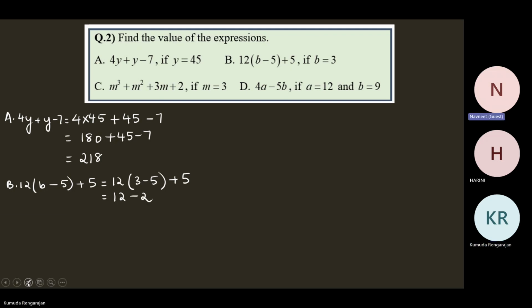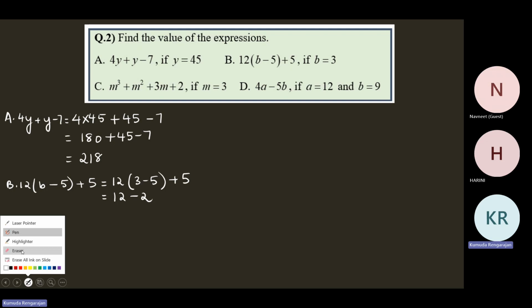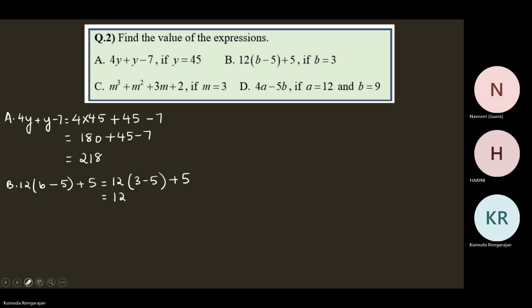No, instead of bracket, we can also use multiplication sign. 12 into minus 2 plus 5. Now we need to use the BODMAS rule where multiplication leads. So minus 24 plus 5 is minus 19. Very good.